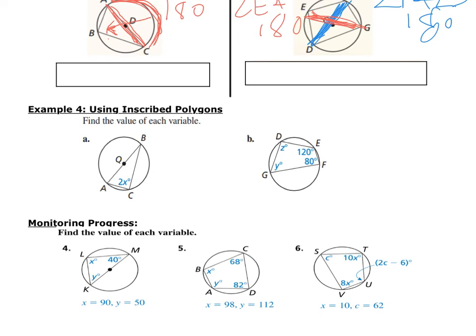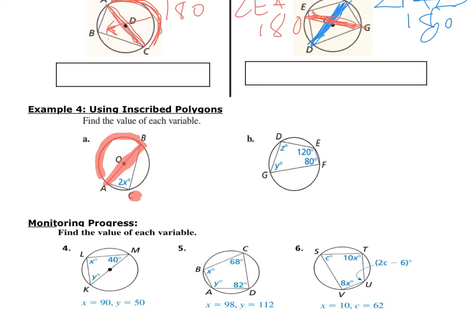So let's do example 4. I'm going to do both of them with you. First of all, isn't this the diameter right there? AB. So that means this arc is a semicircle. It's 180 degrees. This angle here, where C is, is an inscribed angle, and it's equal to half of that.